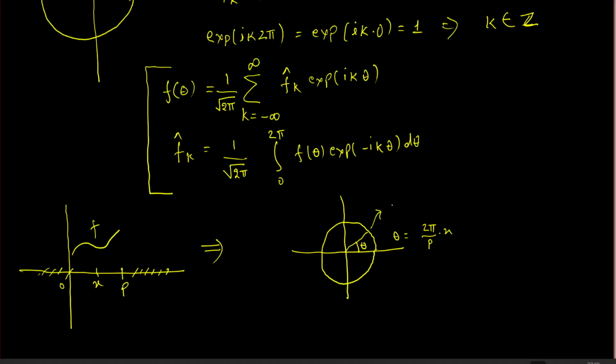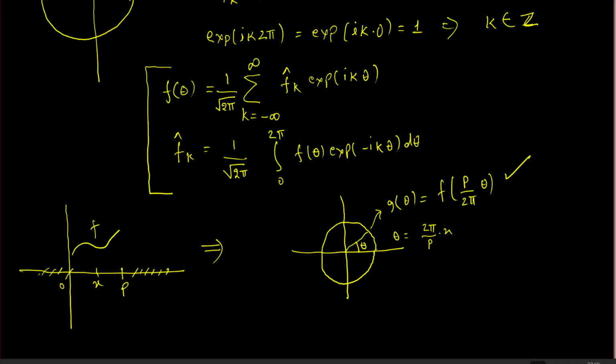We define on the circle a function g whose value at point theta is f of p upon 2 pi times theta. So this function f defined on the finite interval 0 to p defines a function g on the circle by this definition.